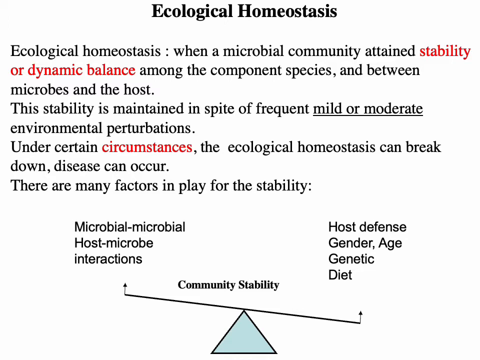This is a listing of some of the factors. There are many more. So they balance each other out. Eventually you want the seesaw to be balanced, so that you reach that stability.